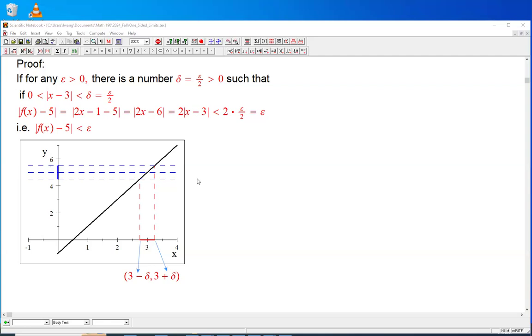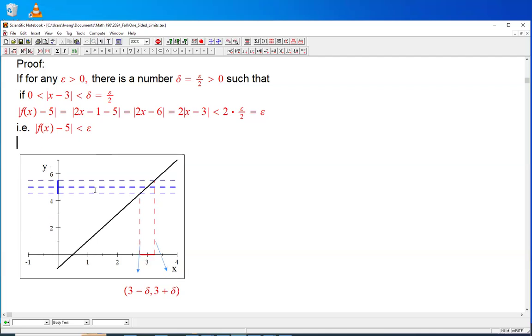Okay, so I'm going to mark on the, let me move it down over here. That still works, right? So we're going to mark it.